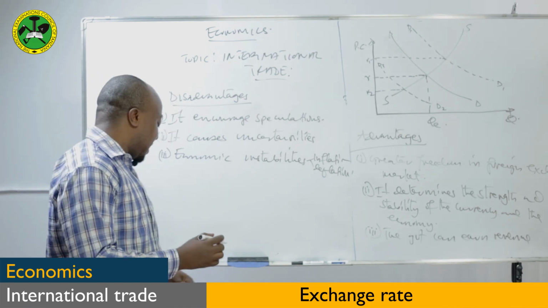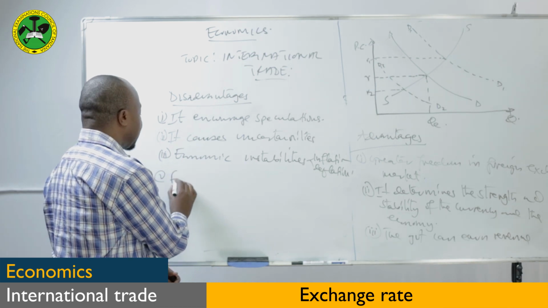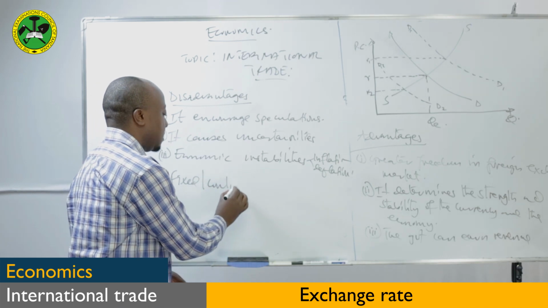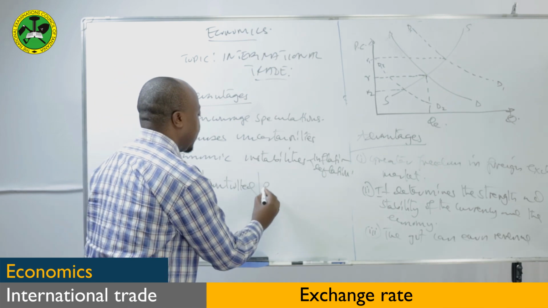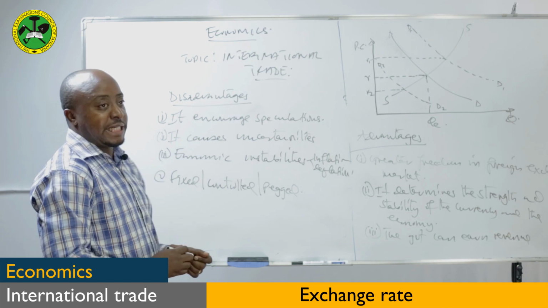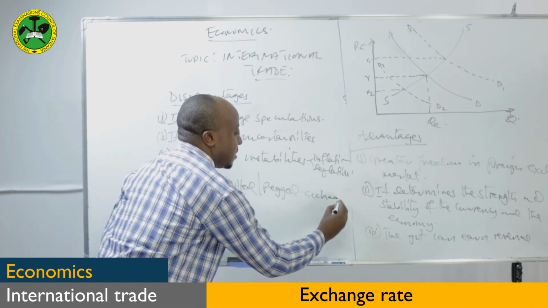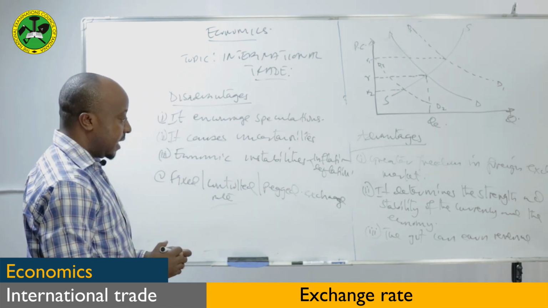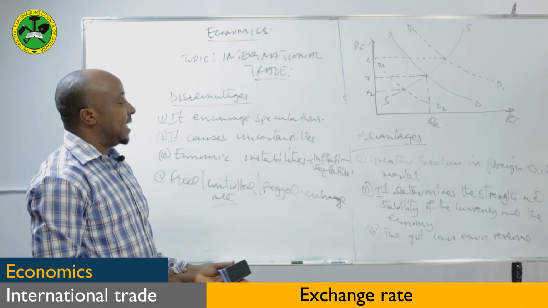Then we go to the last form of exchange rate, number 2, which is the fixed, or it is called the controlled, or it is called the pegged exchange rate. Fixed, controlled, or pegged exchange rate.